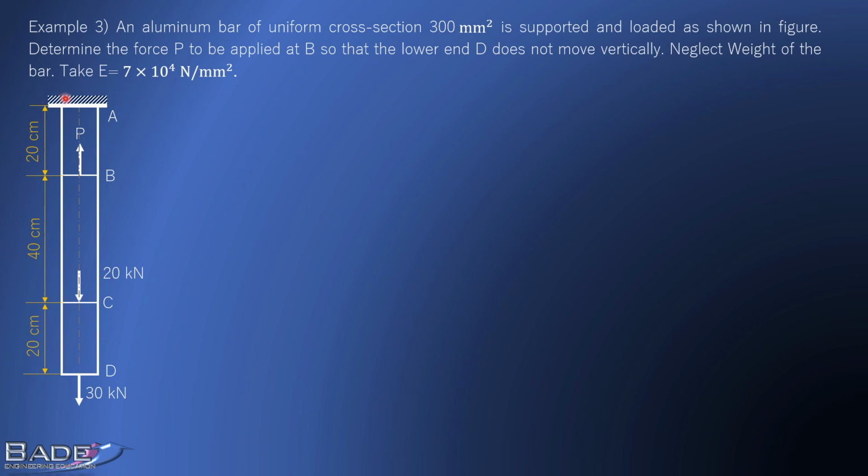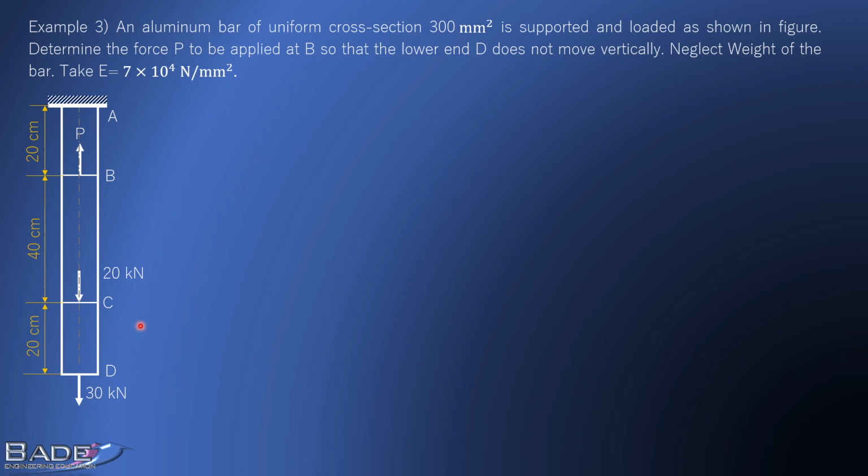Now watch here, the upper end is fixed. So if the total change in length is an increase in length, then point D will move downwards. And if there is a decrease in length, total decrease in length, then point D will move upwards.